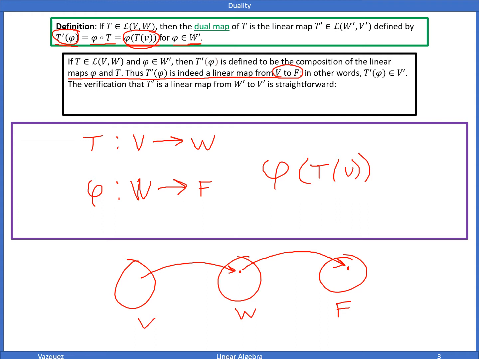That is a composition of functions. So that's what that's saying. So that's why over here we get that the dual map is indeed an element of the dual space of V, because again we're mapping from V to F. So it's a linear functional.